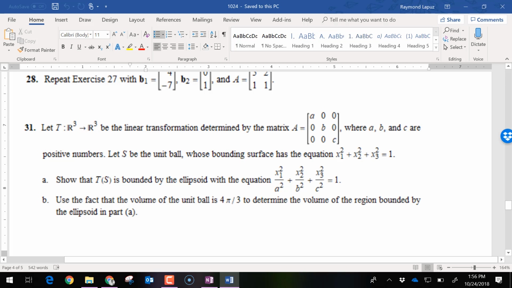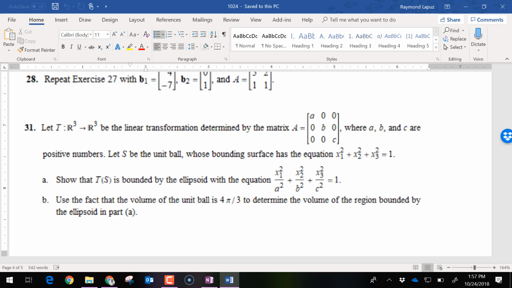And we know that the volume of a sphere is 4/3 pi, radius 1. Then this transformation will take the sphere and extend it along the x-axis by A, along the y-axis by B, and along the z-axis by C. That gives a three-dimensional ellipse, also known as an ellipsoid.